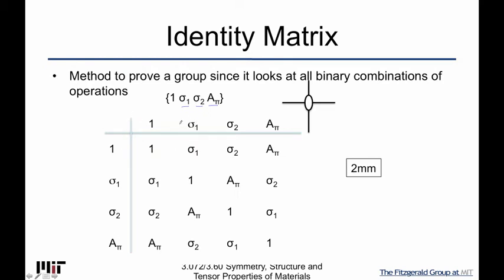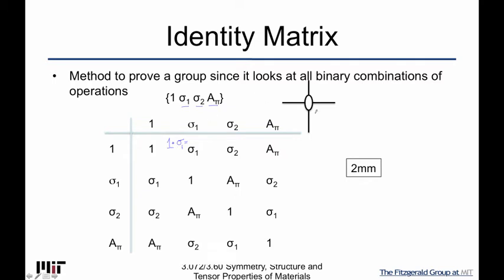Because, for example, when I choose here sigma 1, right, I am going to operate on it with 1, and I end up with sigma 1. So this is just saying that when I take this element, sigma 1, and I operate on it with this element, I end up with that, right? Now let's look at sigma 1.